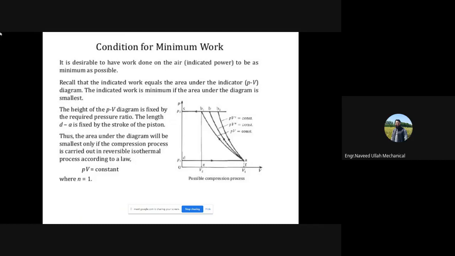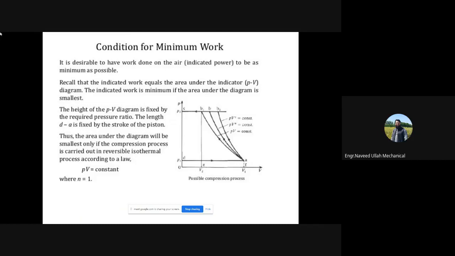Then I told you that as far as the reciprocating air compressor is concerned, we need to talk about three or four things. One of them, which we discussed in the previous class, is the reciprocating air compressor without clearance volume. Then we were left with the reciprocating air compressor with clearance volume, and I also told you that we will be discussing multi-stage compression.